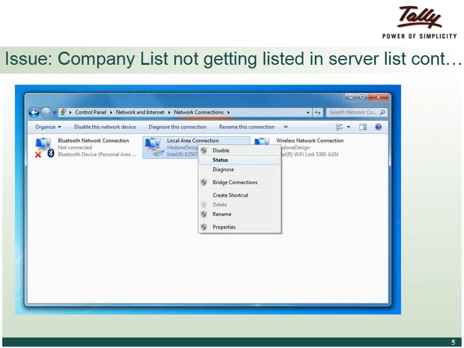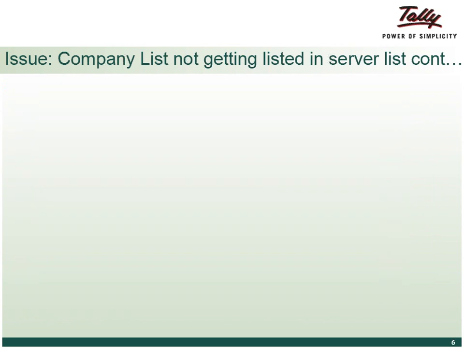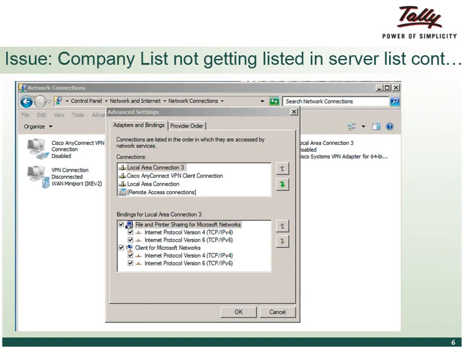So here under whichever LAN the Tally Server 9 and Tally RP9 license servers are running, you can prioritize the same LAN. So here you will be getting the LAN details so that accordingly you can prioritize the LAN and then check whether the companies are listing or not.